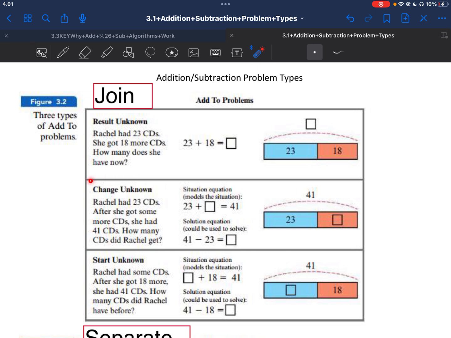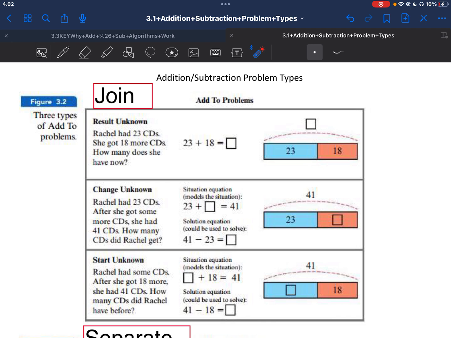And then we have the change unknown. The change unknown is kind of tricky in the wording, because I get why it can get confusing. It is a join or add-to problem, but why is the change unknown? So let me clarify that for y'all. Look at this problem here. It says Rachel had 23 CDs, so that's how many you start with.